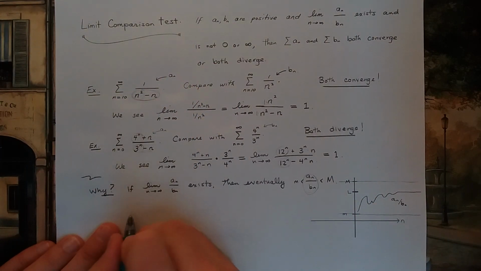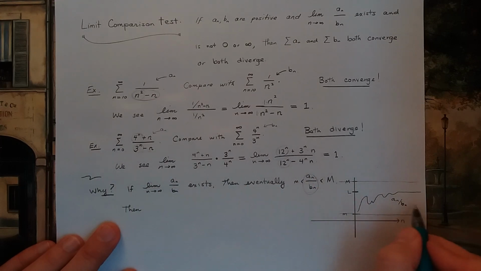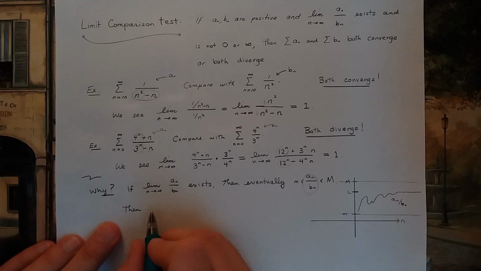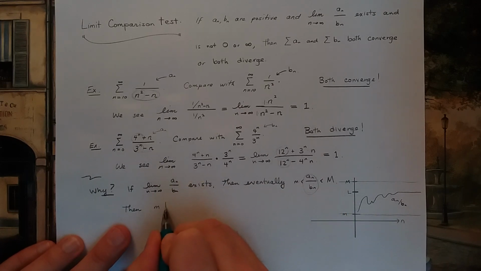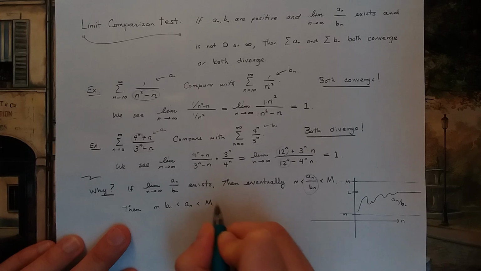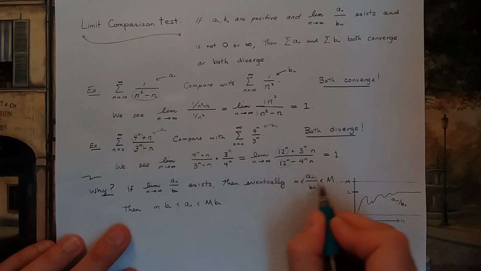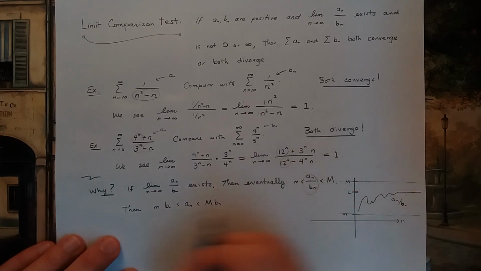Well, then eventually, for large enough values of n, what this says is m times b_n is less than a_n, which is less than capital M times b_n. I just multiplied everything through by b_n.